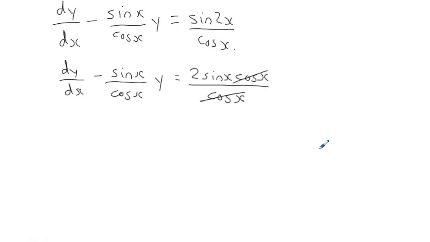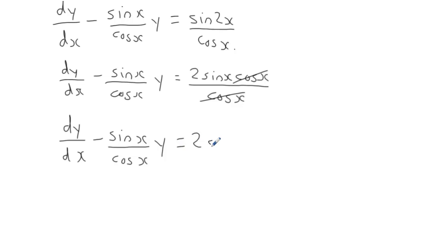So now our differential equation in the form that we can use the integrating factor method for is dy by dx minus sine x over cos x times y equals 2 sine x.